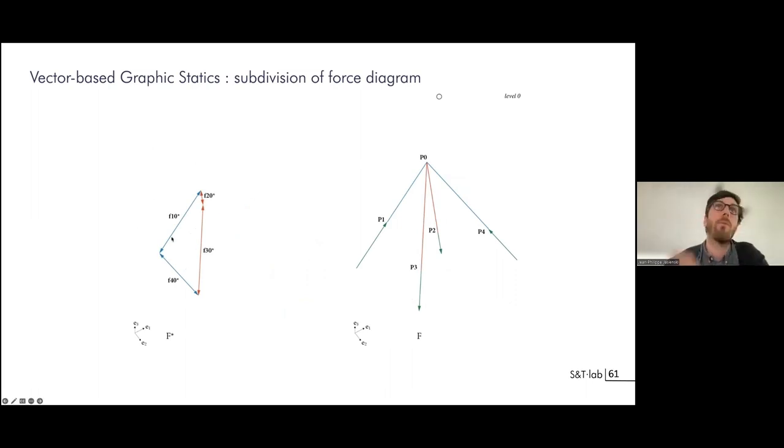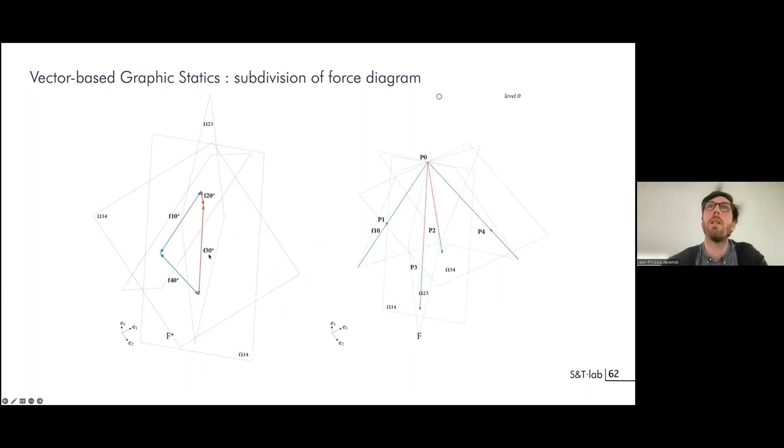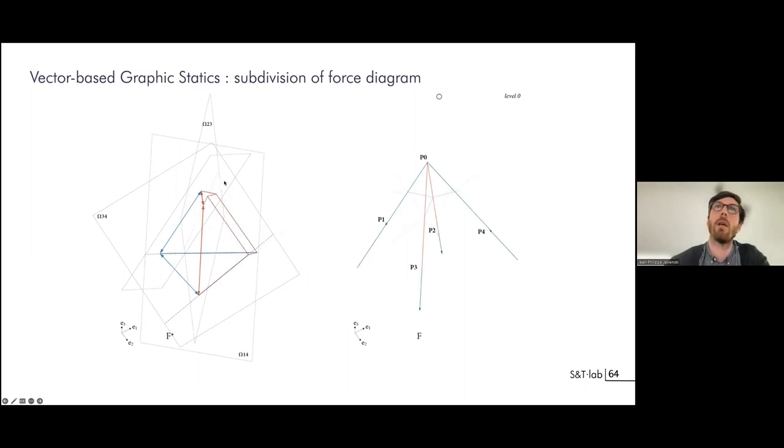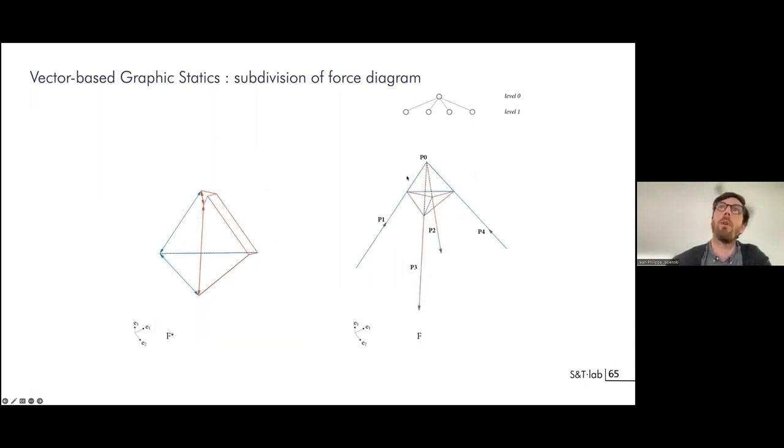And so from the force diagram, you can actually do a geometrical construction with planes to build a new substructure. Okay, so you first build 3 planes, then connecting lines at the nodes, and then you have these new intersection lines that appear, and that makes it a substructure of that.